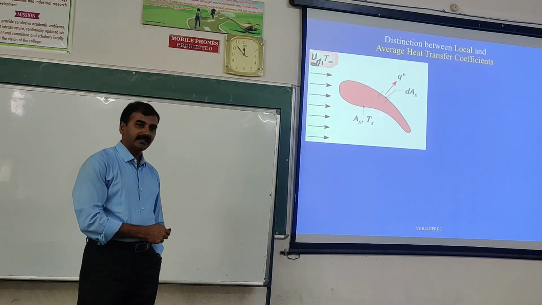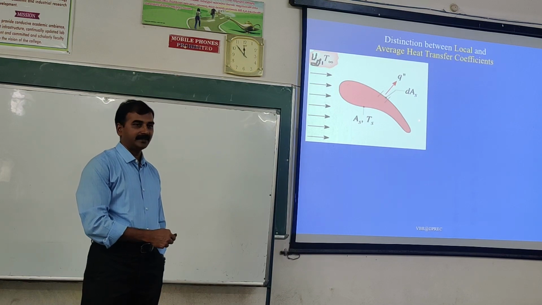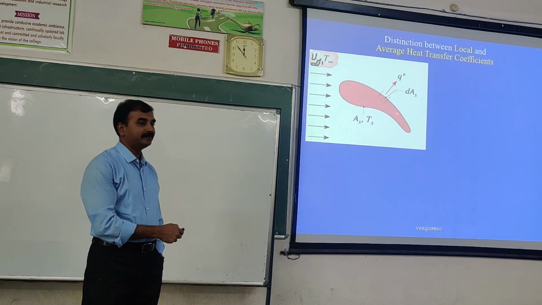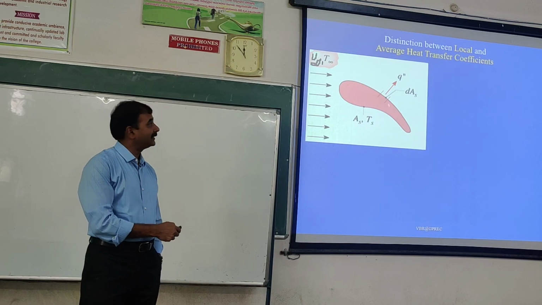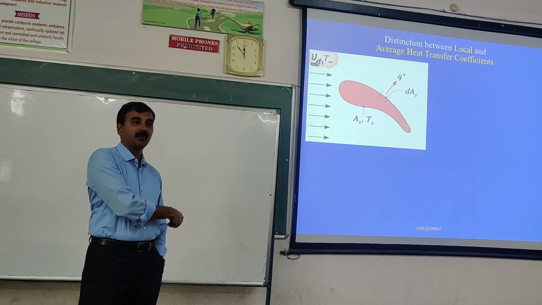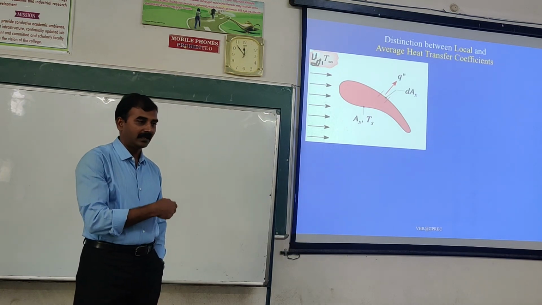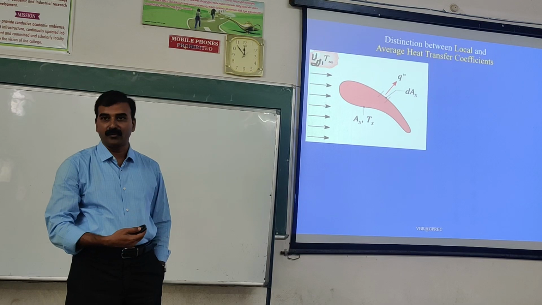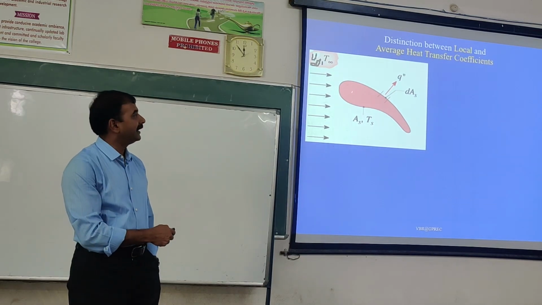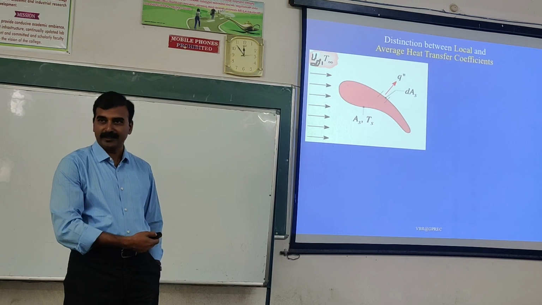So like we discussed earlier, the heat transfer coefficient need not be the same throughout the body because the conditions, those three conditions, are one of those three: geometry of the body, or properties, or nature of fluid flow. Need not necessarily be same throughout the body. It's quite obvious.